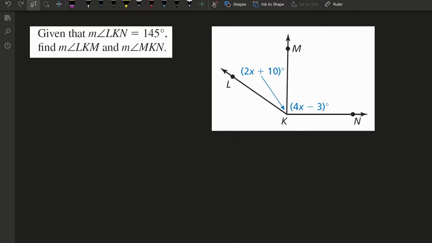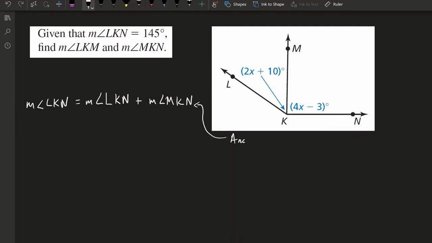Well, using the angle addition postulate here, I can say that the measurement of angle LKN, that's the biggest angle, is equal to the measurement of angle LKM plus the measurement of angle MKN. And I can add the reason to it that this is because of the angle addition postulate.